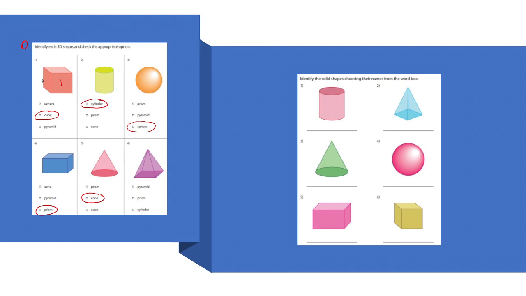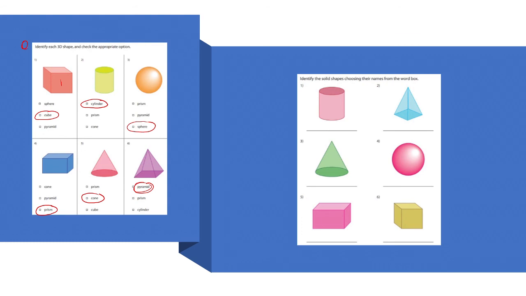It is a cone. And then finally you have pyramid, prism, and cylinder. It's a pyramid, right? That's a rectangular base pyramid. So that's how you differentiate the different kinds of 3D shapes.